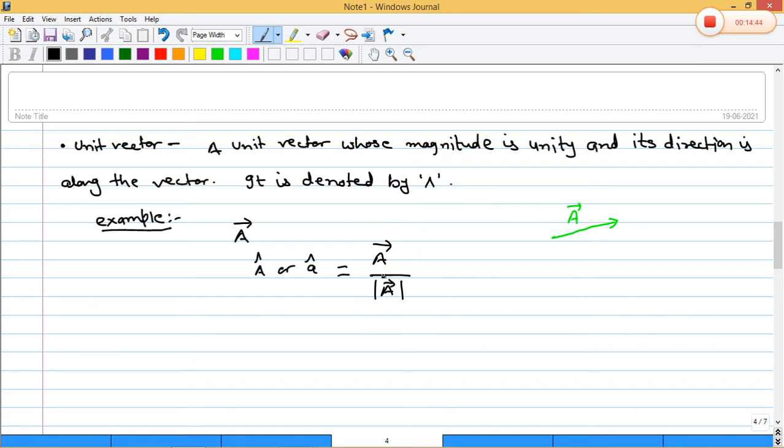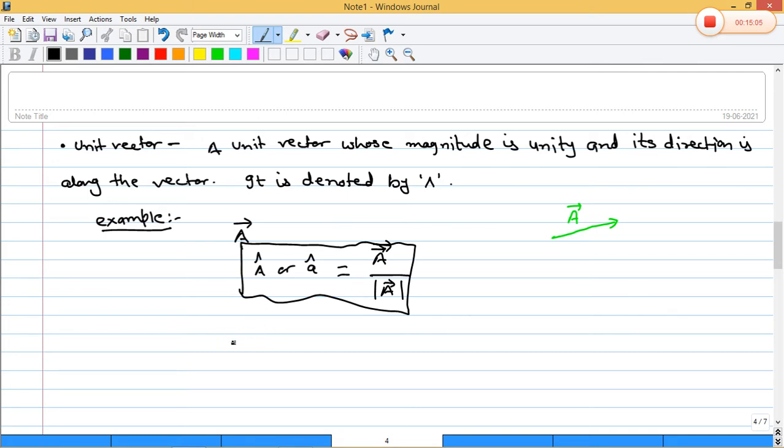So this is the representation of any unit vector. Okay.